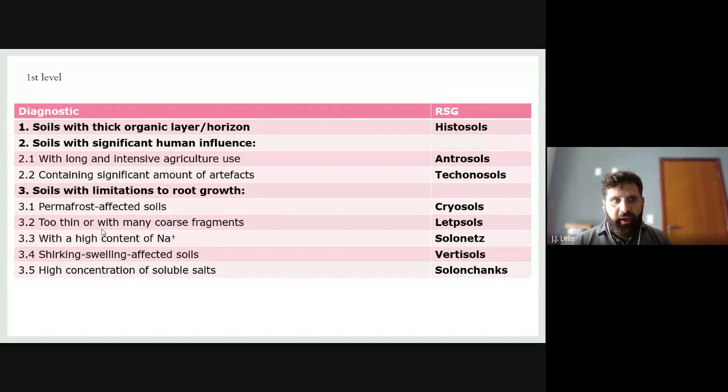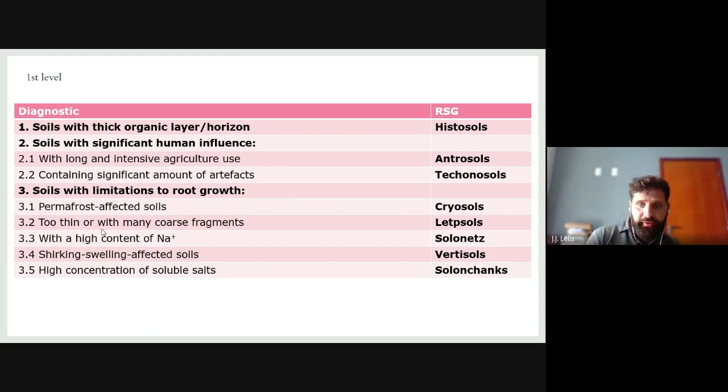We also have another reference soil group that could possess a limitation to root growth, because the soil has expansive clays, and these clays could suffer shrinking and swelling, and this can break some roots, and also can affect the migration of water, or even the availability of water for the vegetation.